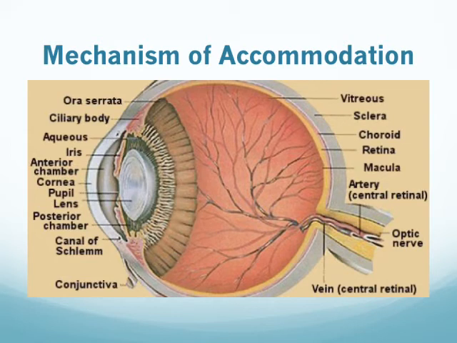So the eye becomes more myopic. This means that the eye is able to see near objects because it becomes more myopic than it used to be. So this is the mechanism of accommodation: contraction of the ciliary muscle, relaxation of the zonule, and increase in the lens curvature to increase the dioptric power of the lens and see near objects clearly.